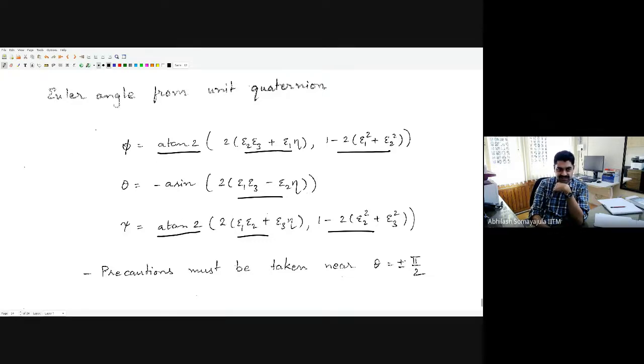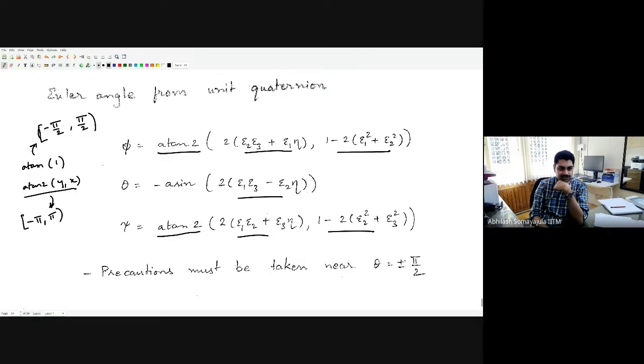That is not similar to using atan in MATLAB. Atan takes a single argument, whereas atan2 takes two arguments. The reason we want to use atan2 is because its range is from minus pi to pi, whereas atan only gives me the angle from minus pi by 2 to pi by 2, which means it's not a unique representation.